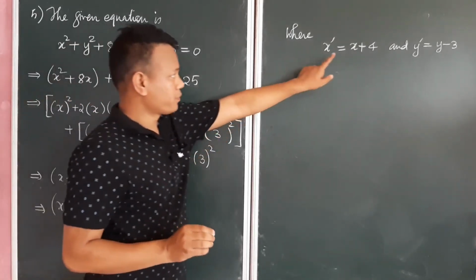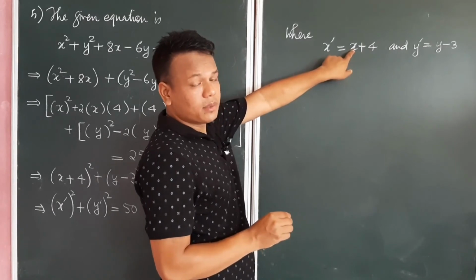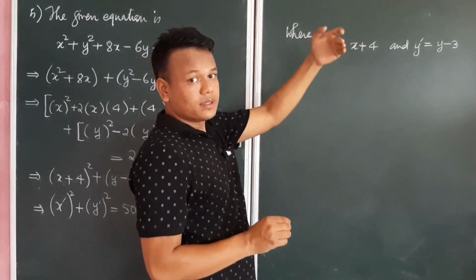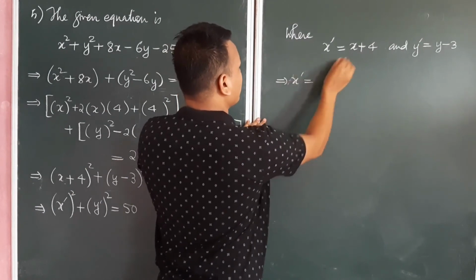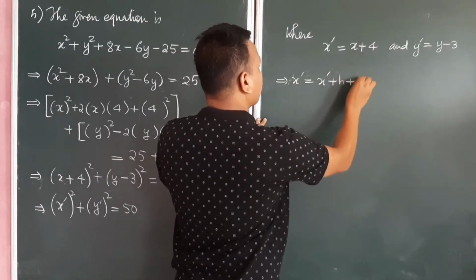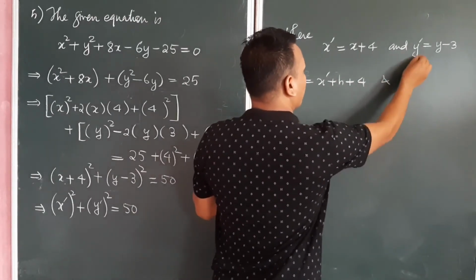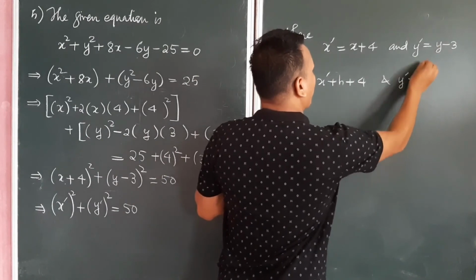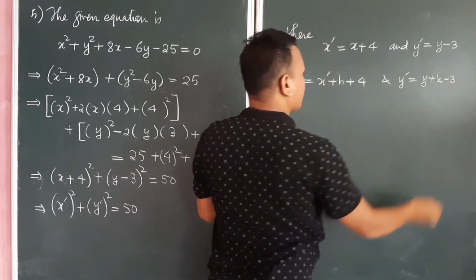Okay, now from here we know that what is x? X can be written as x dash plus h, isn't it? So from here we have x dash equals to, instead of x I am writing x dash plus h, and we have got 4 here, right? And we have similarly y dash equals to, y can be written as y dash plus k, minus 3.